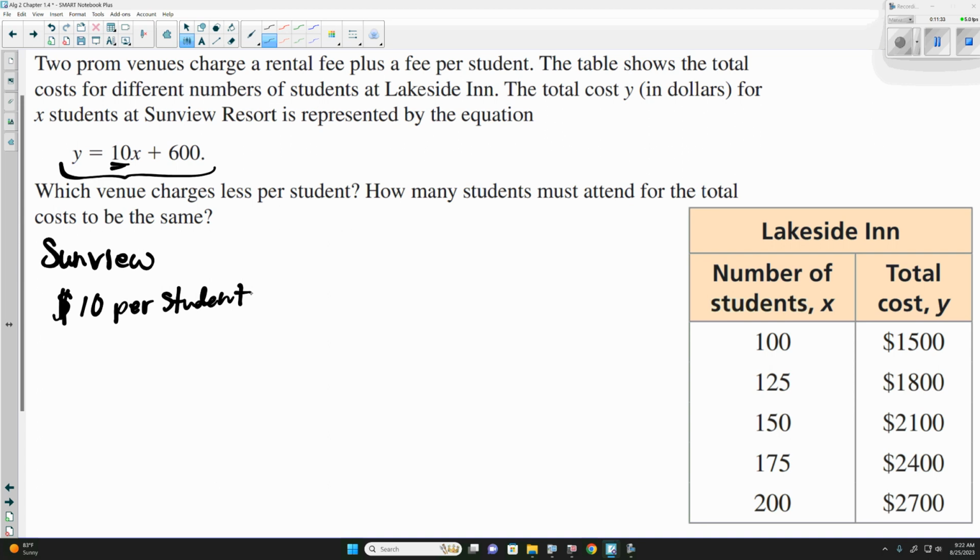What does the 600 represent? Because x is the number of students. If we had 0 students going, how much was it going to cost? Right, because any place you go to rent, they have a set fee that they charge you, be it a scooter or a pontoon boat for the day, flat out.